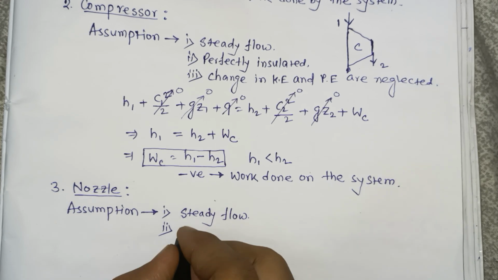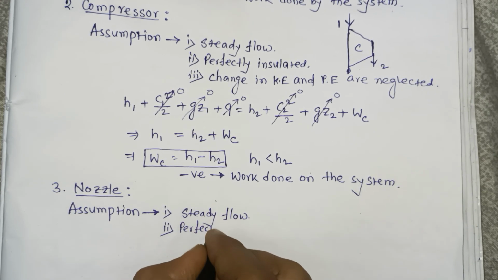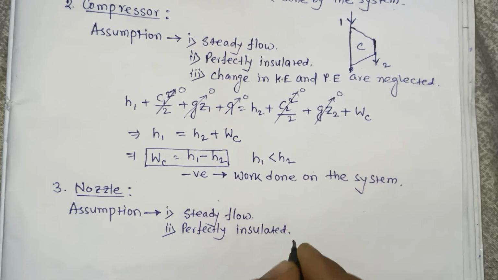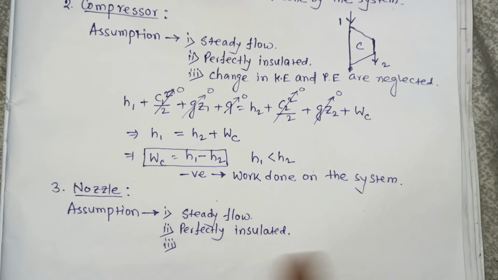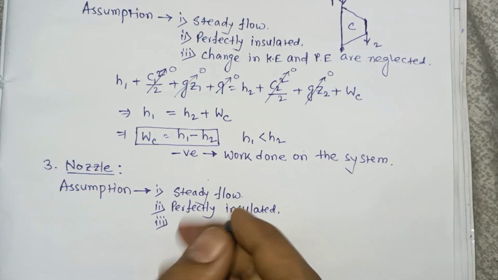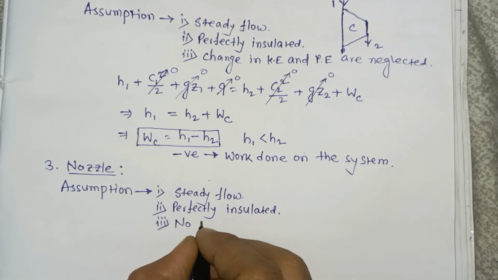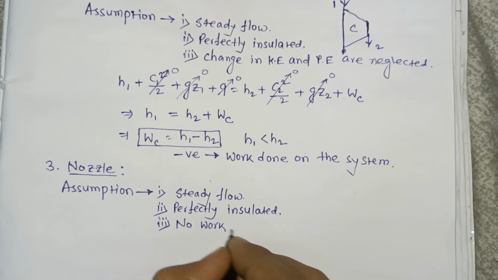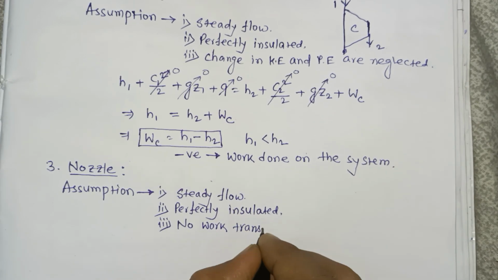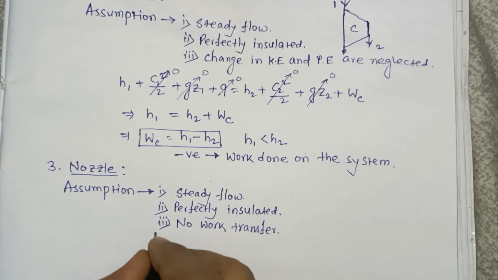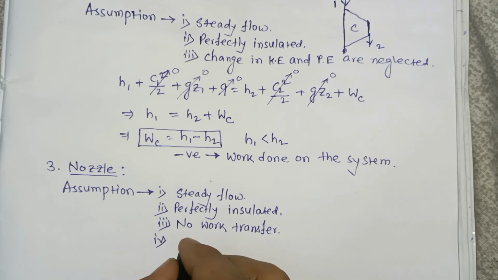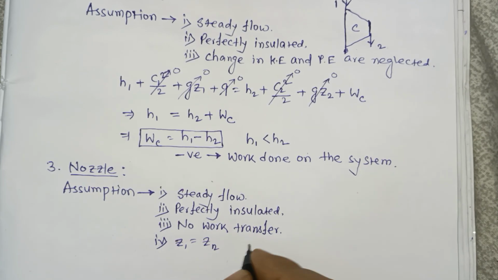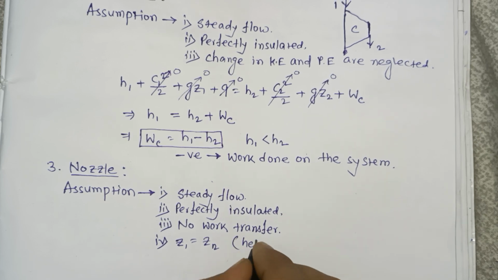Second, perfectly insulated. Third, there is no work transfer. And fourth, the height will be the same. So the initial height and the final height, Z, will be the same.